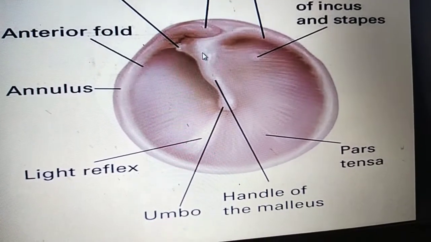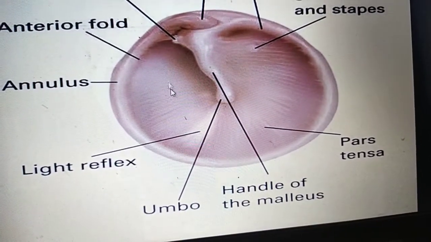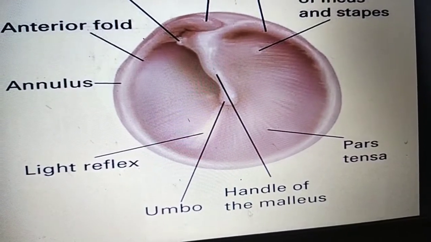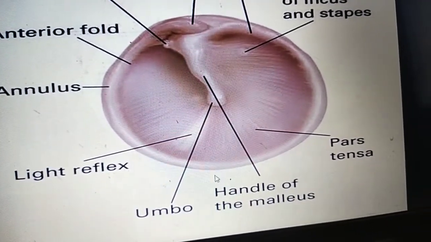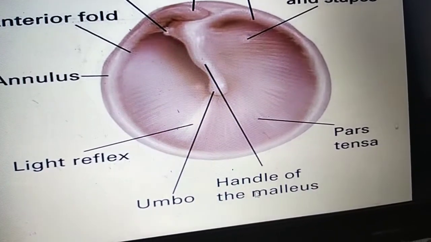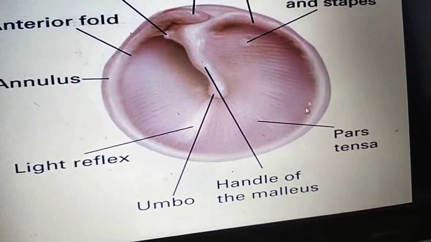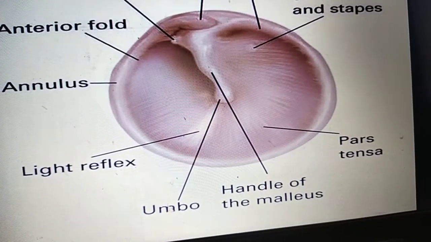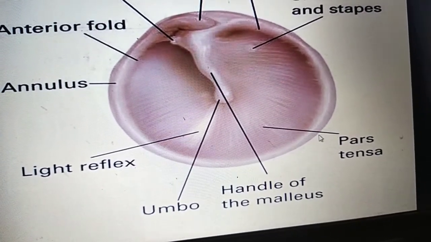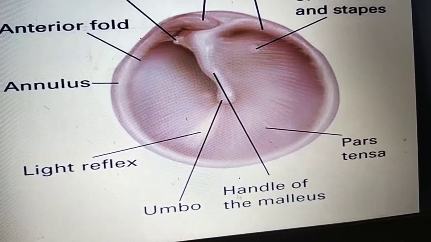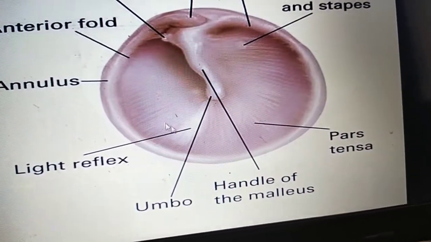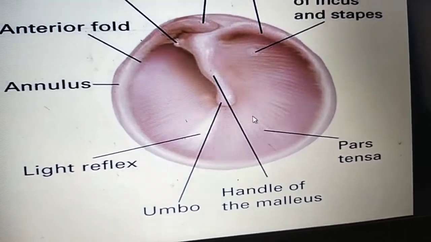From here it starts and extends inferiorly, where the tympanic membrane is attached to a cartilaginous ring-shaped structure, the fibrocartilaginous ligament. Up to that is all the pars tensa.